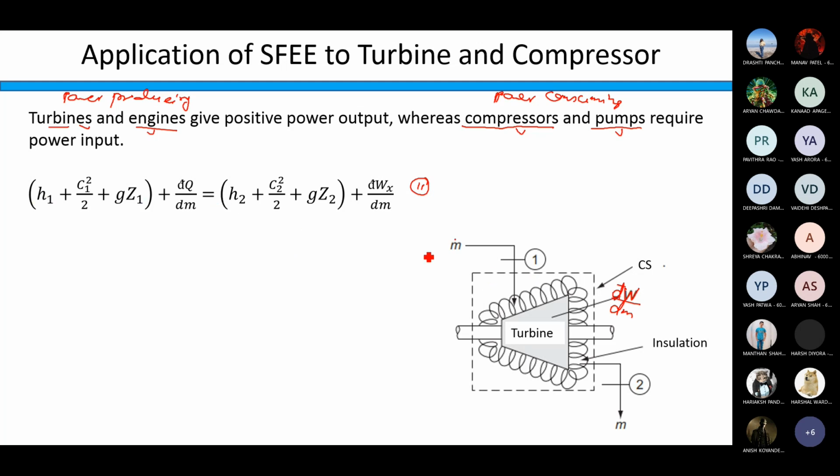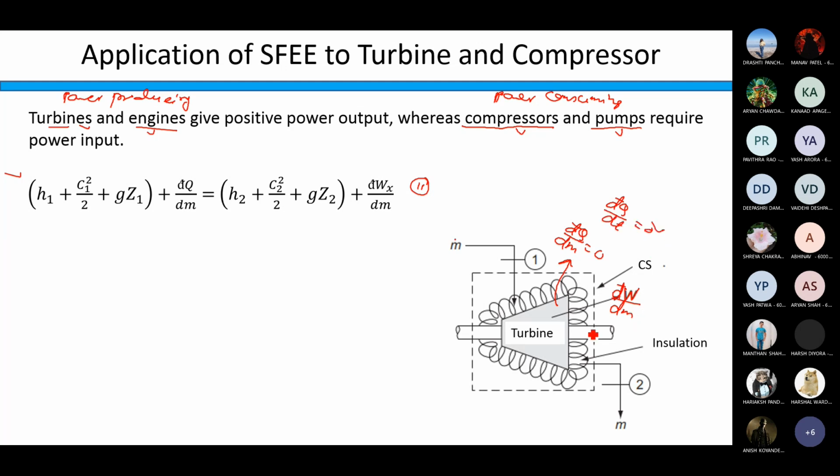That's why you do not see the mass flow rate term here, because it gets cancelled out from equation 10, and this is how you have simplified equation 11. So we have the inlet here, the exit here, and again insulation is applied. The moment I say insulation is applied, it means this term is 0, or if I talk about the rate equation, the per unit time equation, then this term is 0.